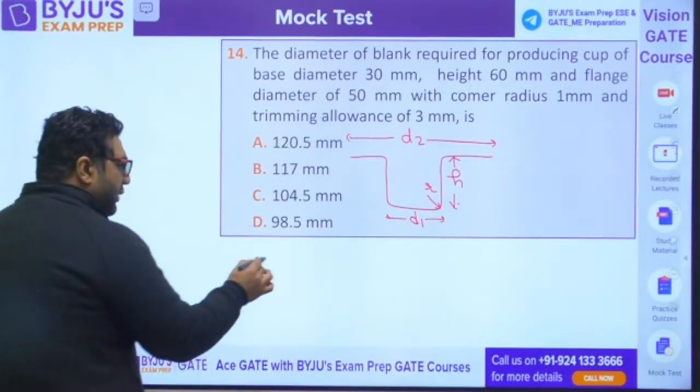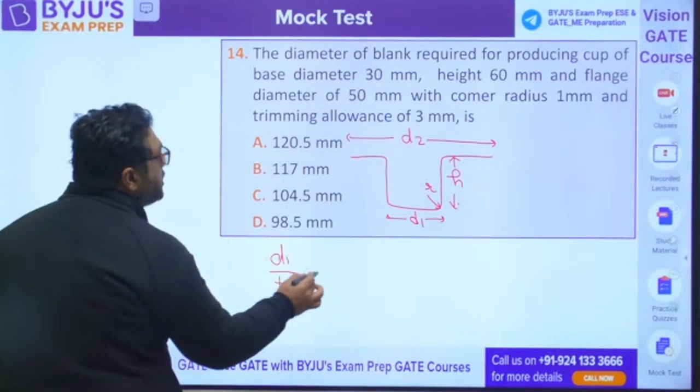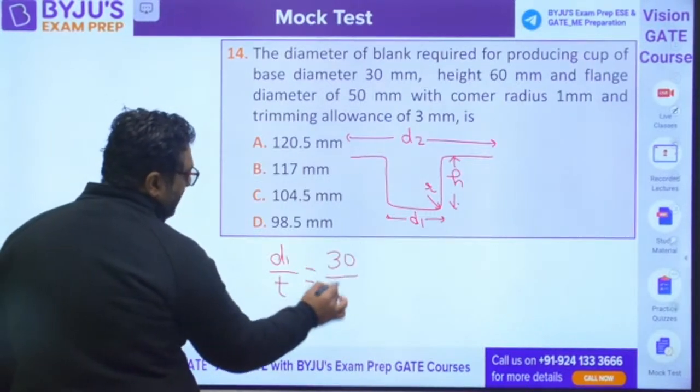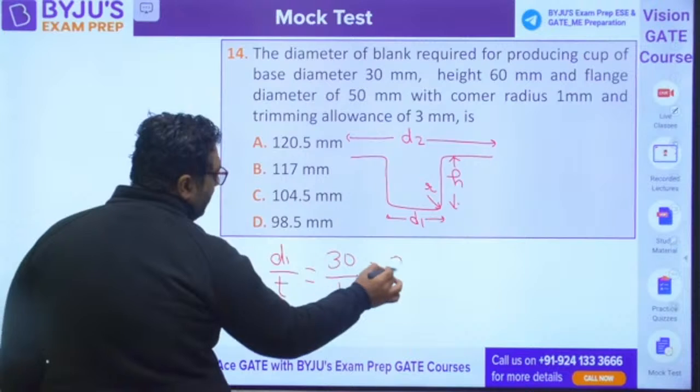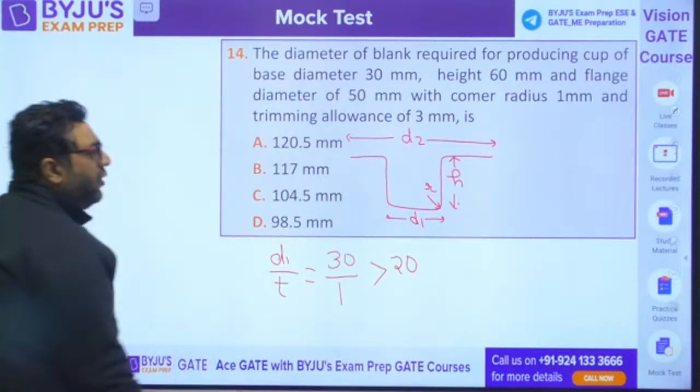And when you will be going for d1 by t, d1 is 30 mm, t is 1 mm. It is coming out to be more than 20.